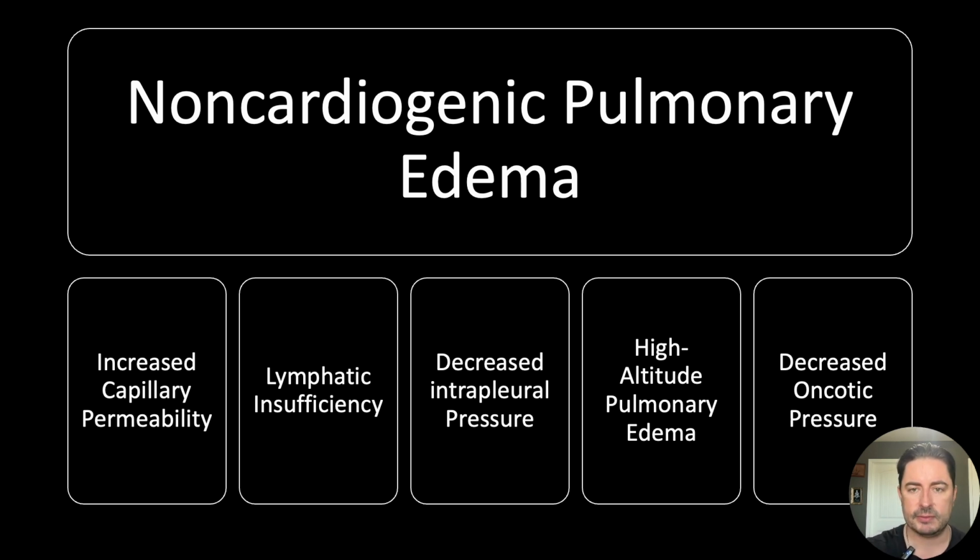You could have damaged vessels. You can have an increase in systemic venous pressure, which will slow lymphatic drainage. Remember, this drainage drains into the right brachial vein and then goes into systemic circulation. So if I have an increase in systemic venous pressure, that will decrease the amount of drainage that is able to escape.